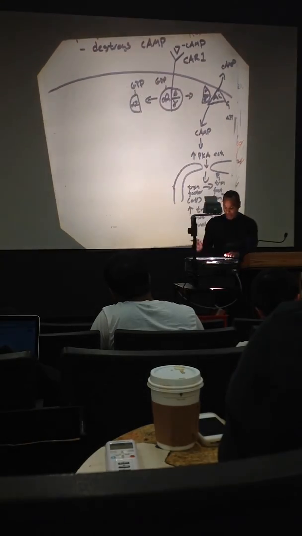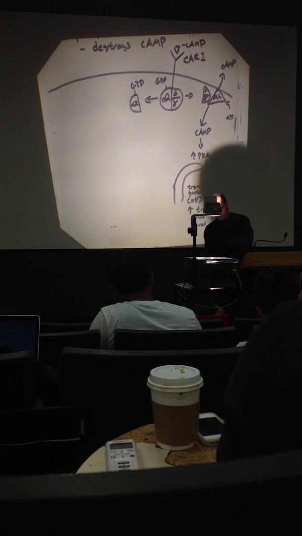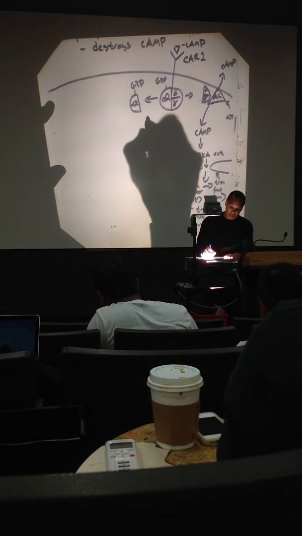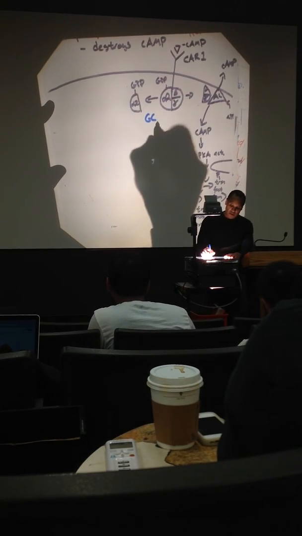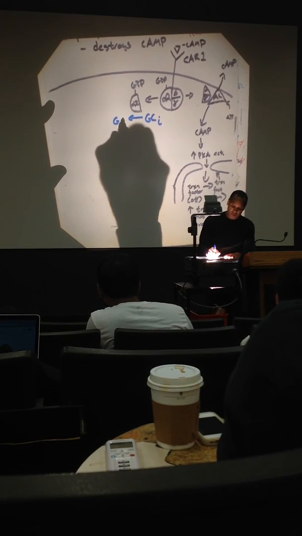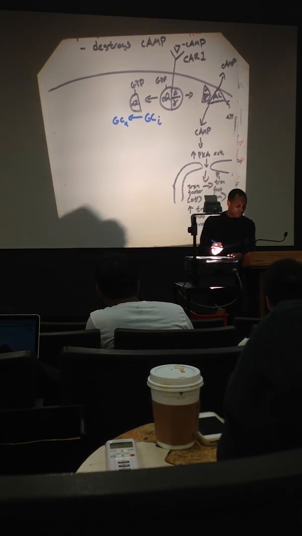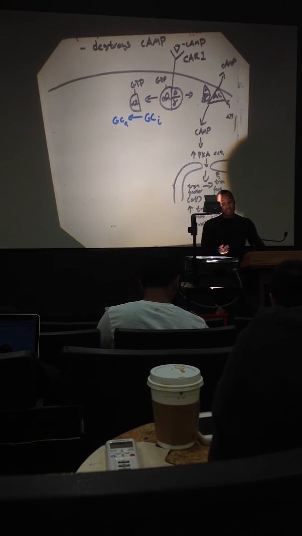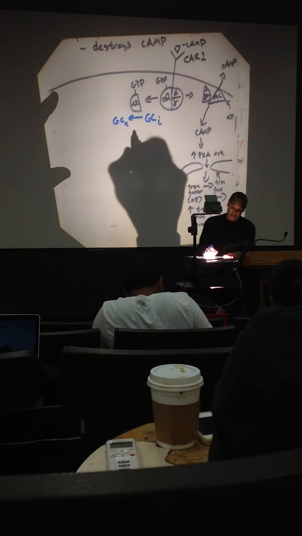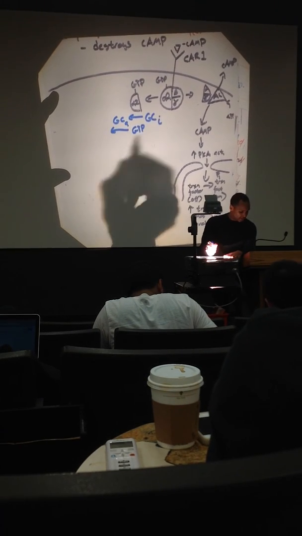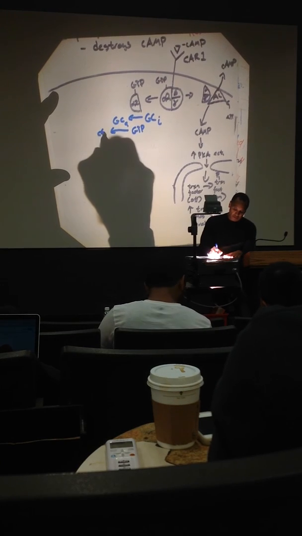So the alpha-2 subunit actually activates an enzyme called guanylyl cyclase, converting it from the inactive form to the active form. And guanylyl cyclase, as the name suggests, makes cyclic GMP.